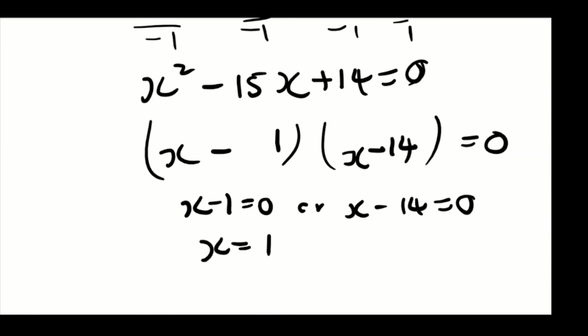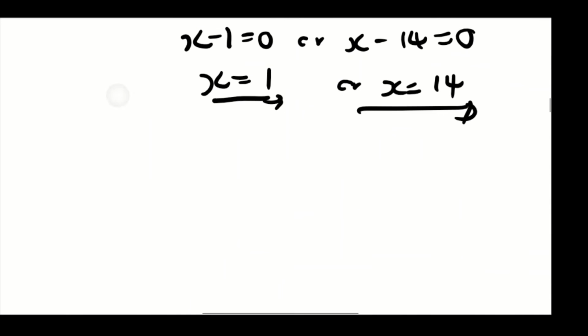x is equal to 1, or x is equal to 14. So these are your solutions of x. Now let's find solutions of y. Remember that y is our third equation, which is equal to 12 minus x, right?